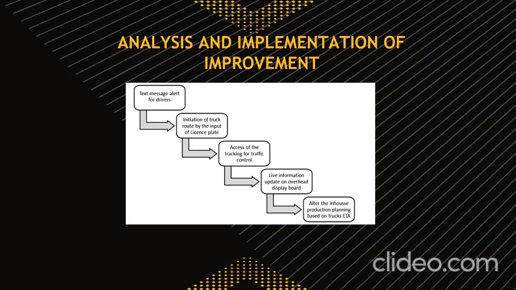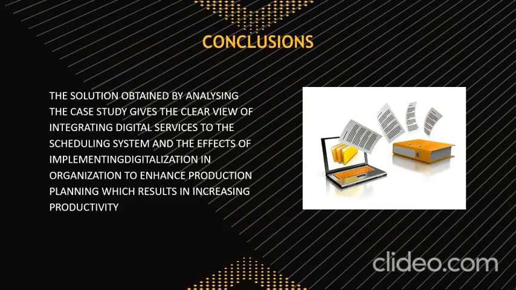Next, the initiation of truck routes by the input of the license plate. Next, access of the tracking for traffic control and information on the overhead display. Fourth, the in-house production planning based on truck arrivals.